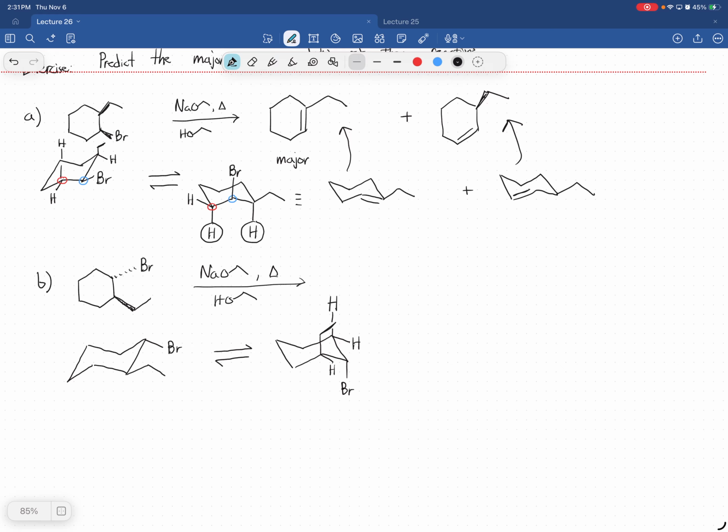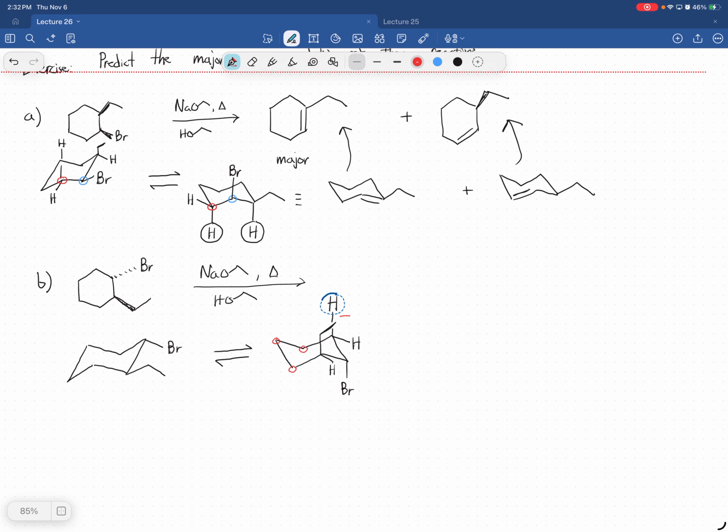So which hydrogen is the only one available to be removed for elimination? All right, so remember all these positions, these hydrogens are too far away to form an alkene, right? So there's only one other hydrogen that's pointing trans to the bromine, so it's going to be this one. So this one would eliminate here.